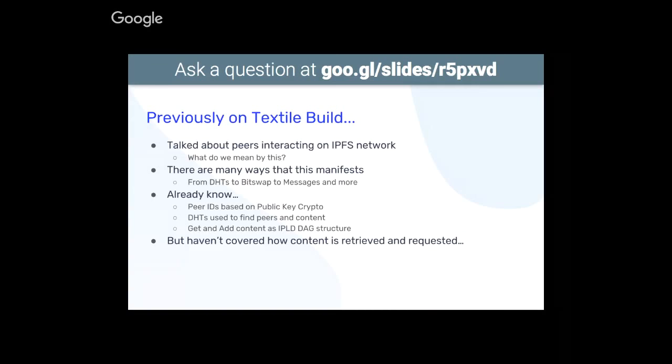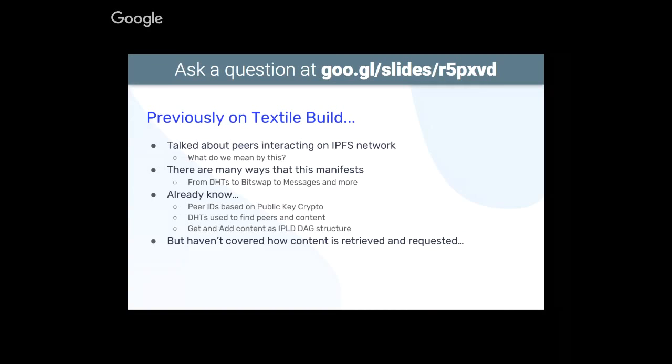Now, we have seen a few of these interactions before, like when we query the distributed hash table, or DHT, to find out the location of a peer or a particular piece of content. But there are also a couple of other mechanisms that we're going to talk about today, including something called BitSwap and a little bit about a messaging protocol that IPFS uses more recently.